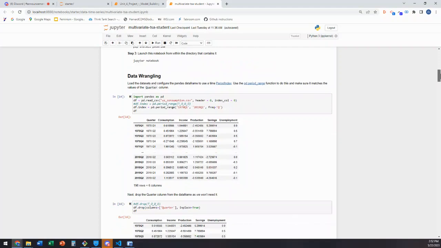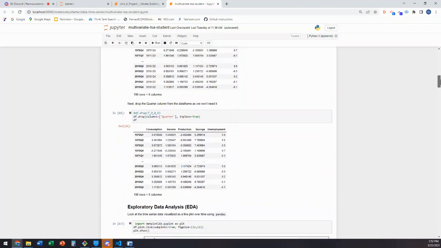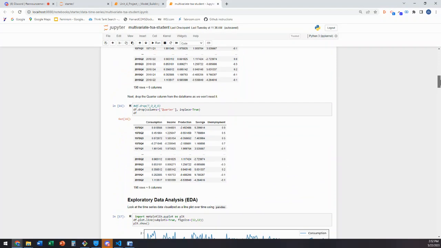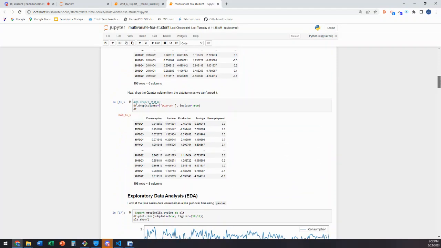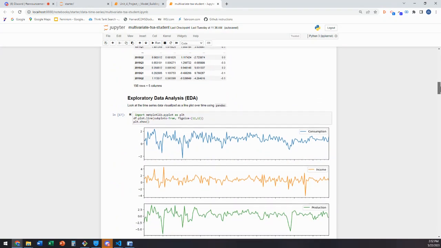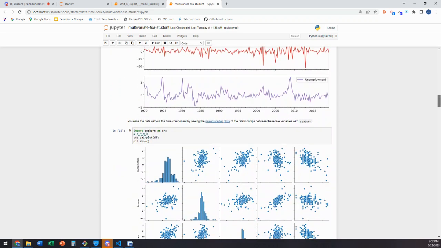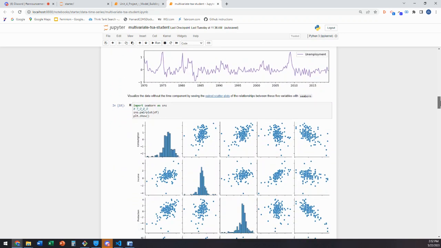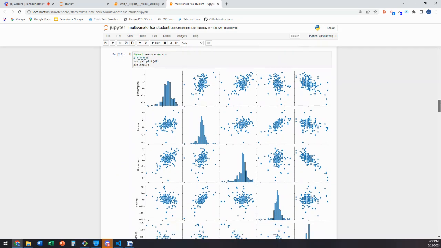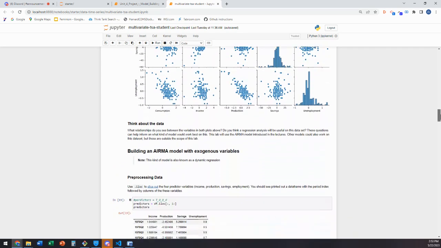We import the CSV, we perform some data wrangling like dropping extraneous columns, we import matplotlib, and we look at the time series as it's plotted along time with each one of the variables having its own graph. We also visualize each of their relationships with a pair plot. We can see which have stronger correlations than others.